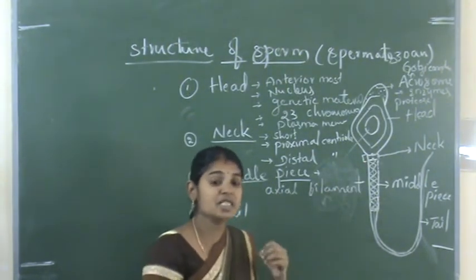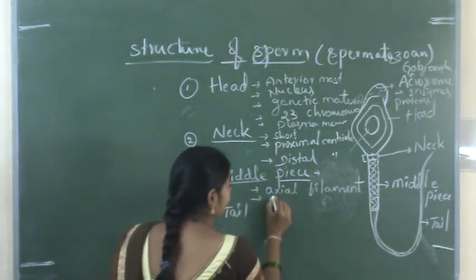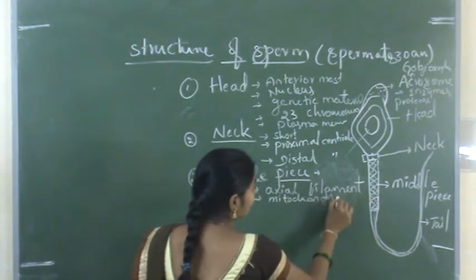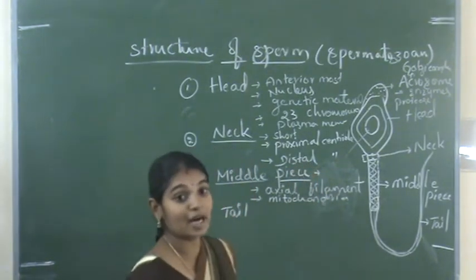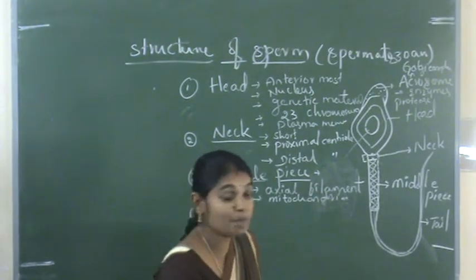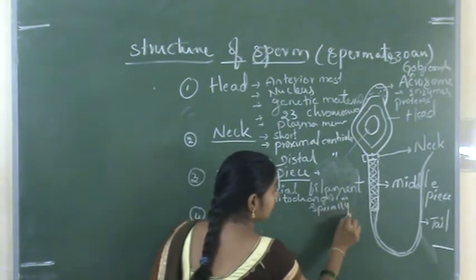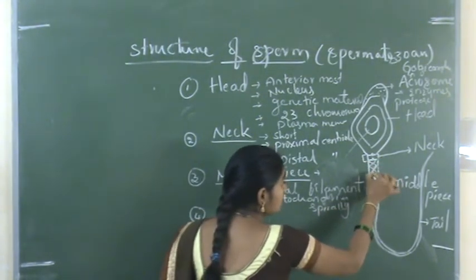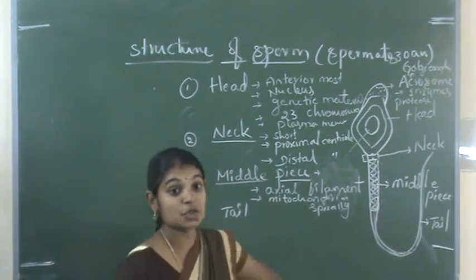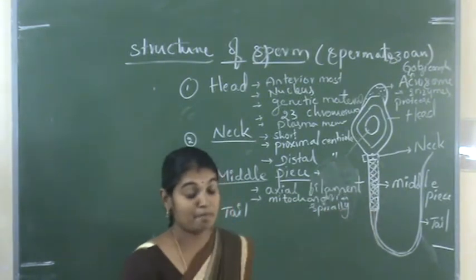That means a large number of mitochondria are present in a spirally arranged manner. This is the arrangement of mitochondria in the middle piece, arranged in a spiral-like manner.